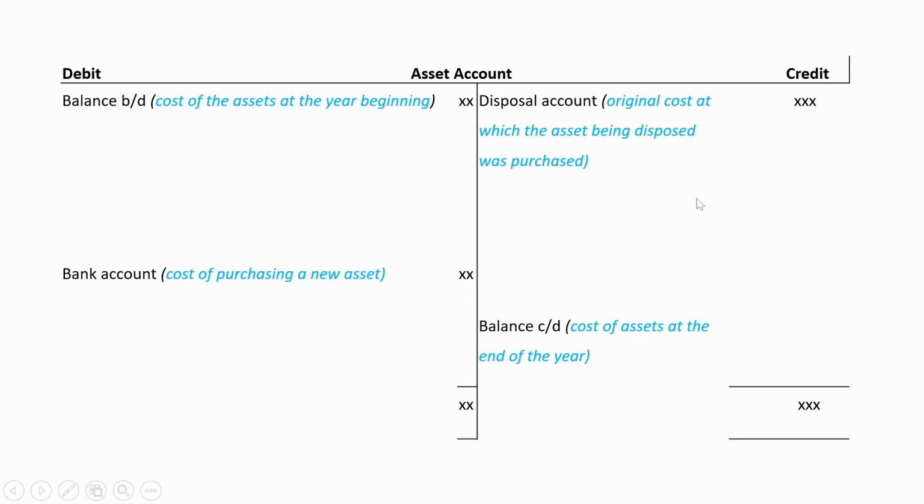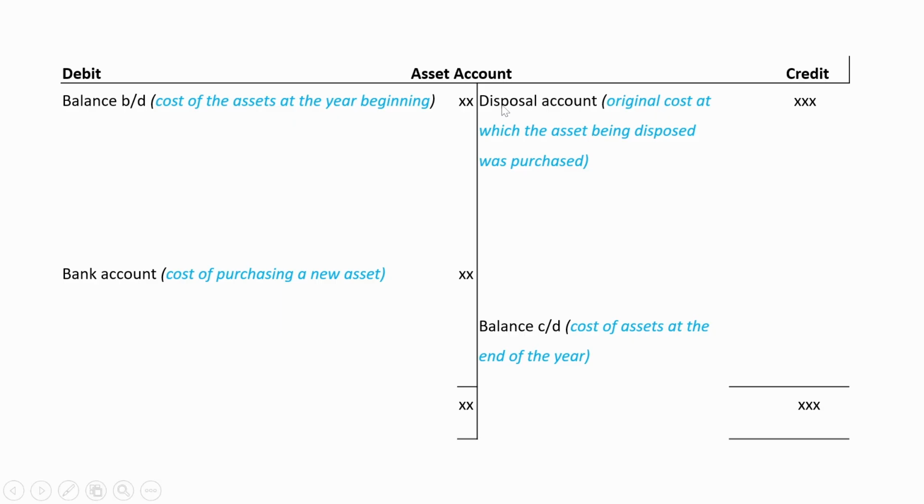Then when you go to the credit side, we record disposal of asset. If the business sells an asset during the year, you are going to credit the asset account, because we said decrease in assets, we are supposed to credit the asset account.